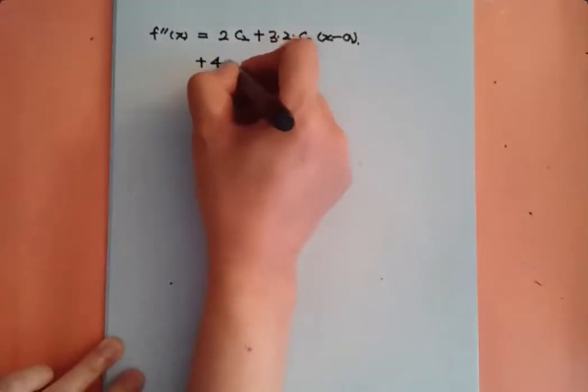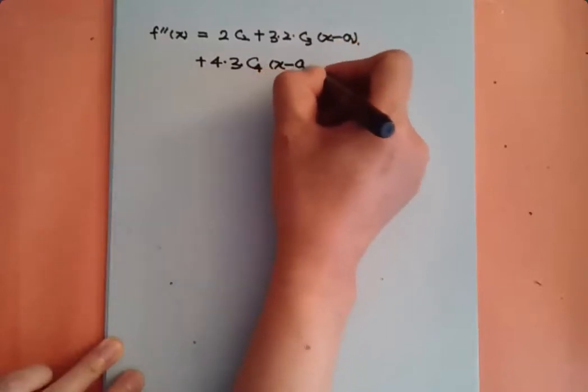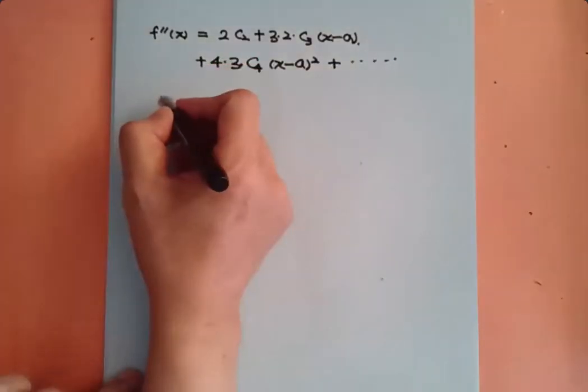Plus 4 times 3 times c4 times (x minus a) squared, and so it just keeps on going like that.